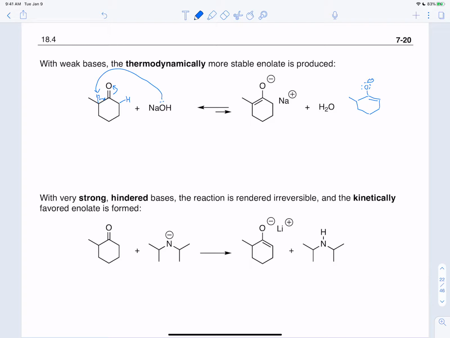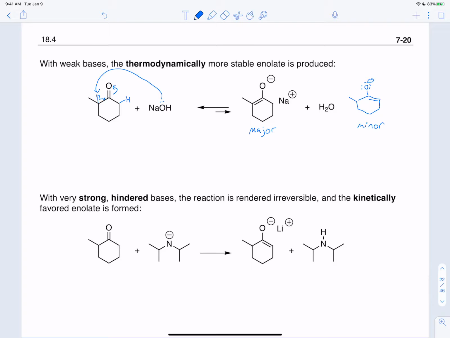Since these reactions are always going forwards and backwards, we can assume we are at equilibrium under these conditions. That means that the thermodynamically more stable enolate will be the major enolate isomer in solution, with this other enolate being the minor component.